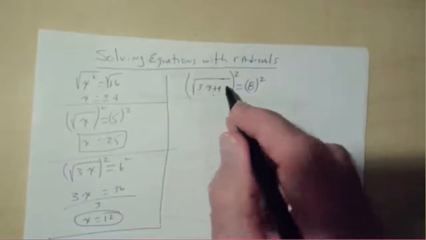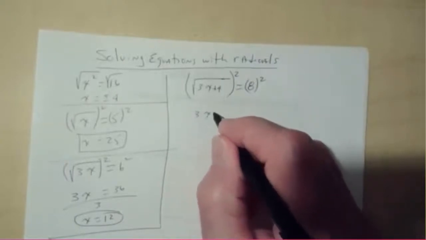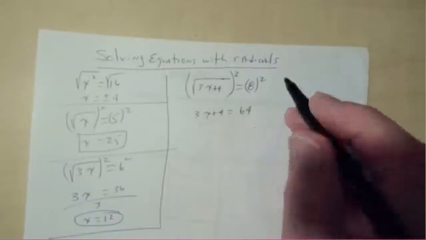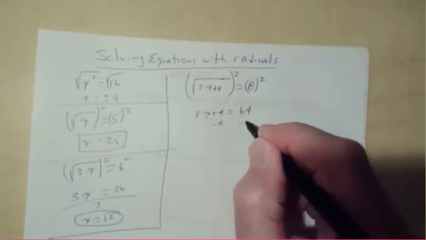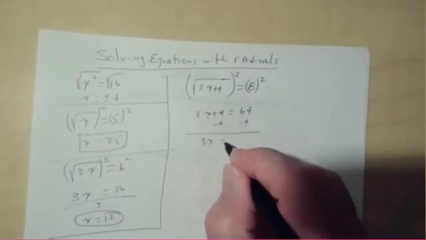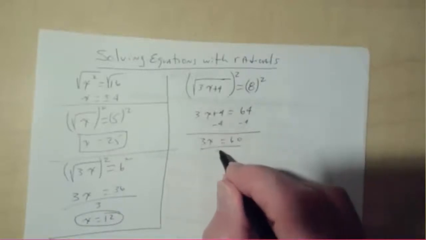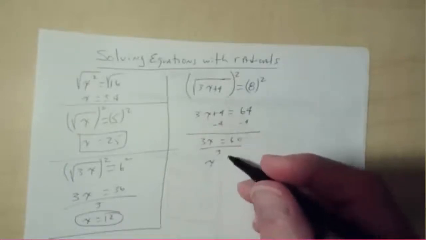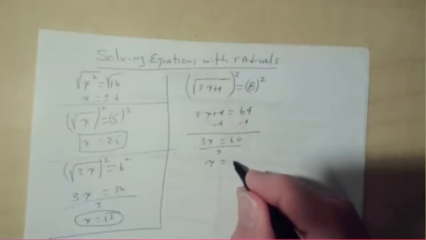So now, once you square it, you get 3x plus 4 equals 64. Subtract 4 from each side and have a real simple algebra problem. 3x equals 60, divided by 3, x equals 20.